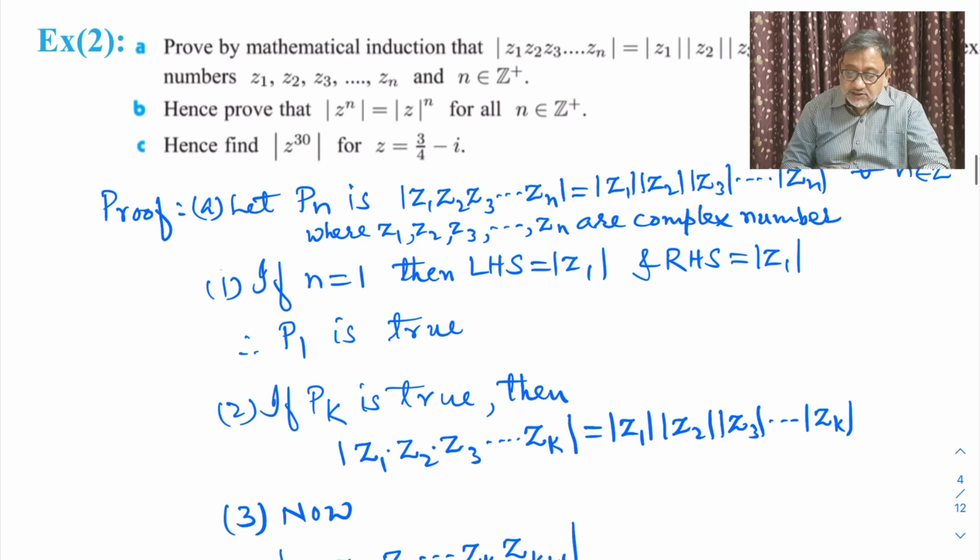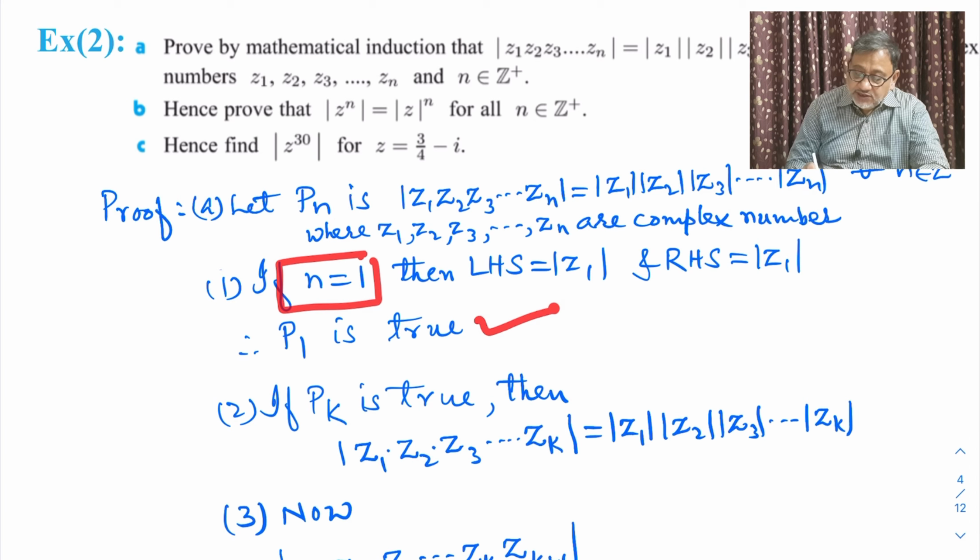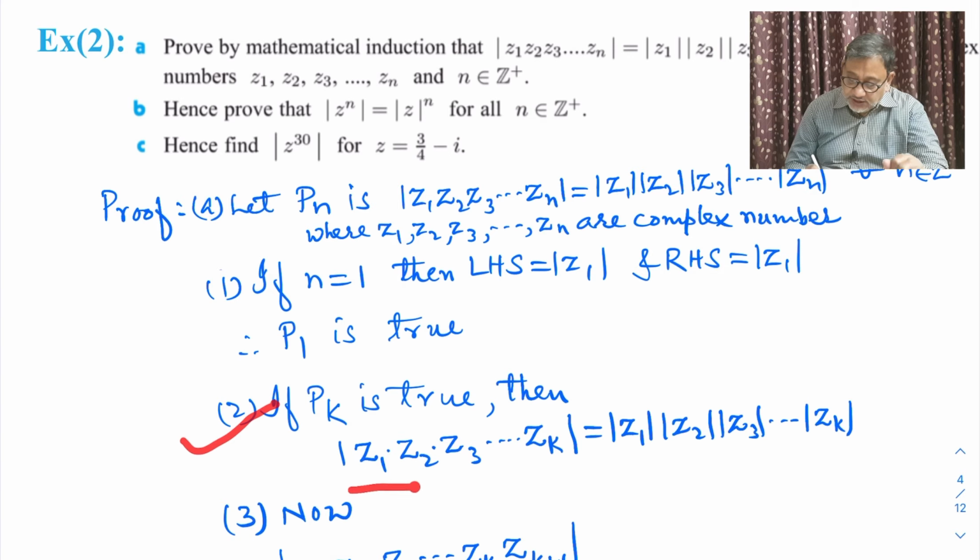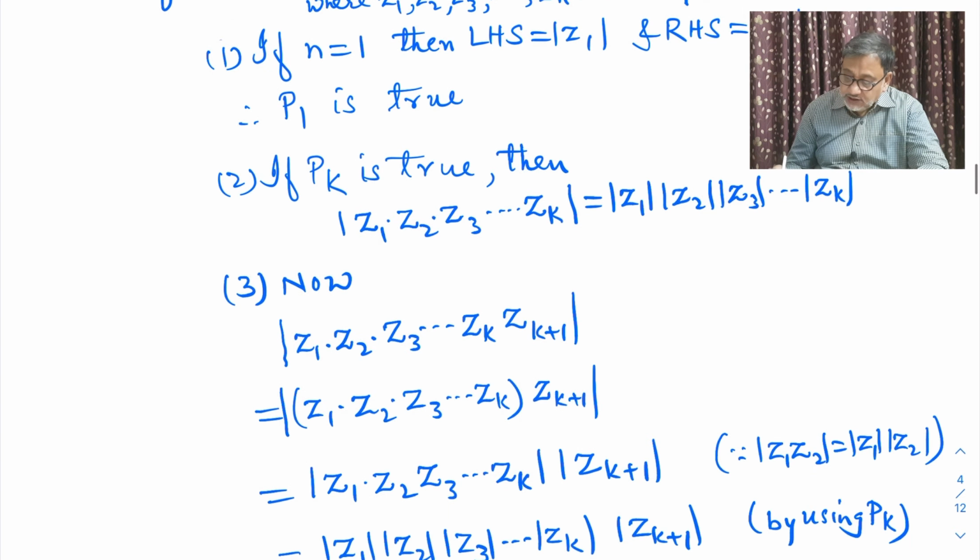So these are the three steps, please remember them. Using mathematical induction, the first step is we take n is equal to 1 and show that P of 1 is true. Then in the second step we assume that P of k is true, so modulus of z1, z2, z3 up to zk is equal to modulus of z1 into modulus of z2 into modulus of z3 into modulus of zk. Now the third step is we take z1, z2, z3, zk into zk plus 1.